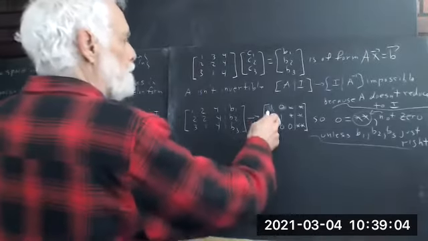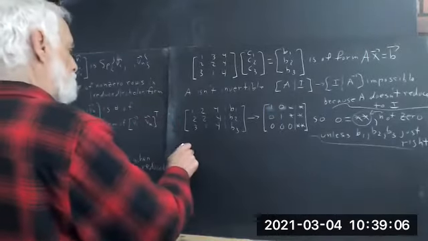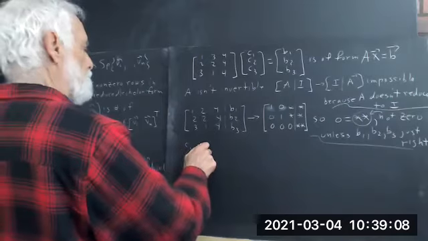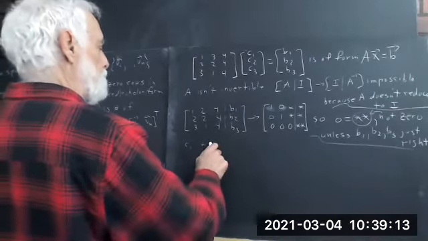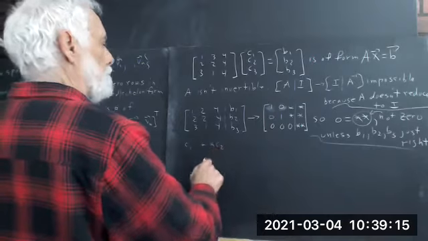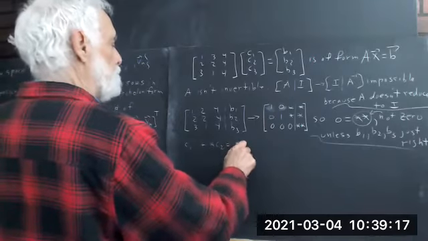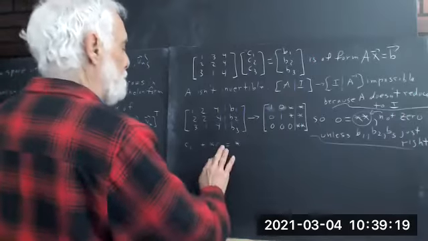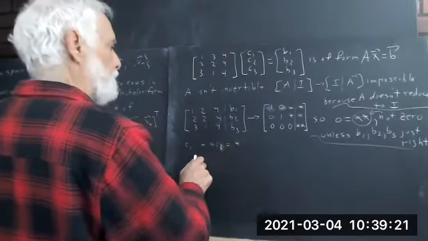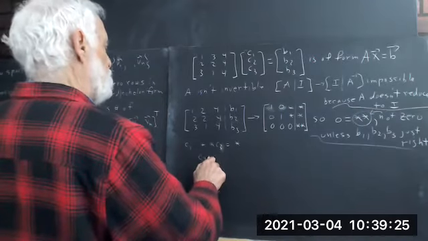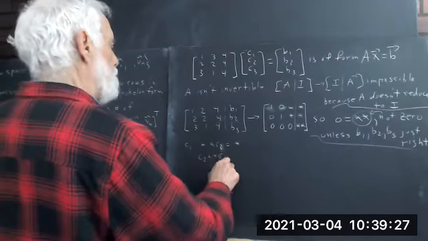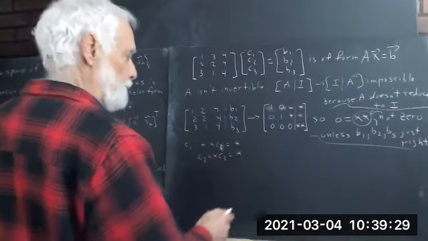In other words, this system says C1 plus some multiple of C2 equals some other number, C3, sorry. And C2 plus some other multiple of C3 equals some number.